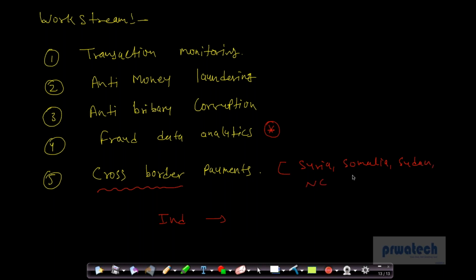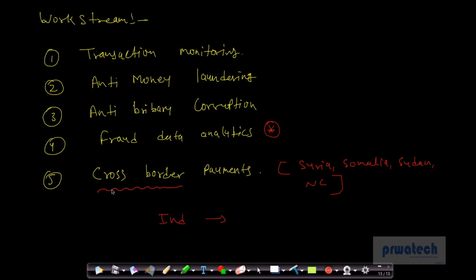There are sanctions given by the UN and US. 16 to 18 countries out of 205 countries where you're not supposed to transact even 1 rupee. If you do so by mistake, your account will immediately come under surveillance, and then we check how the transaction is happening. These are the use cases.